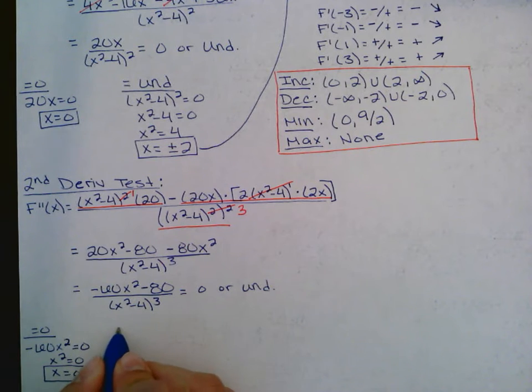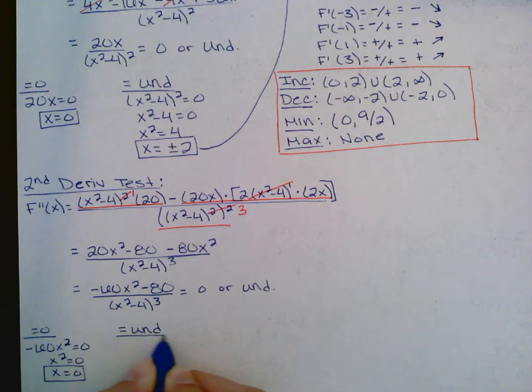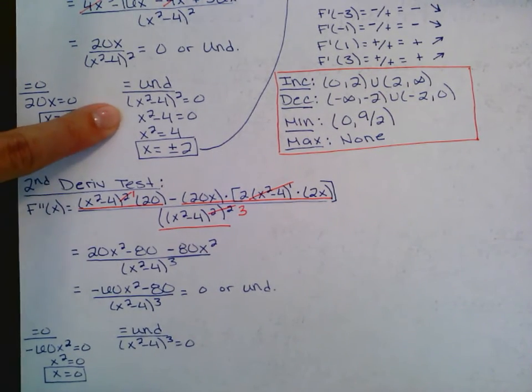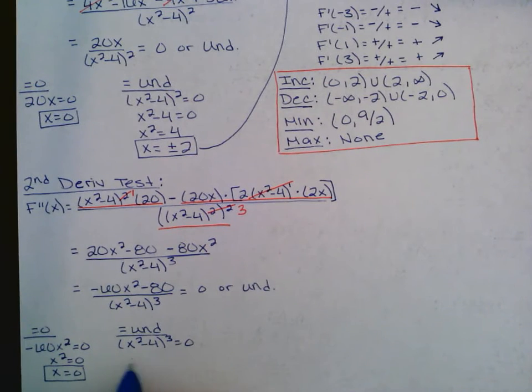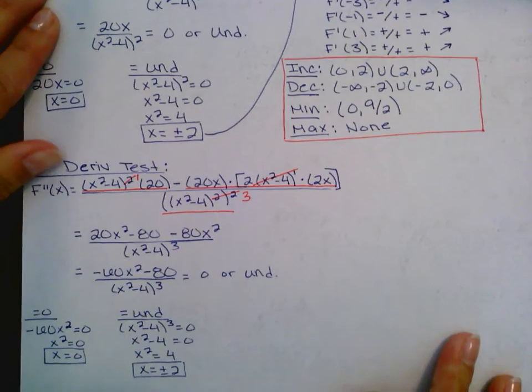And now to set it undefined, I set the denominator equal to 0, which you should start to notice is going to work out the same as when you did it up here. I'm going to cube root 0, which is just 0. Which again, we remember those as being our vertical asymptotes. Let's scoot up a little bit.